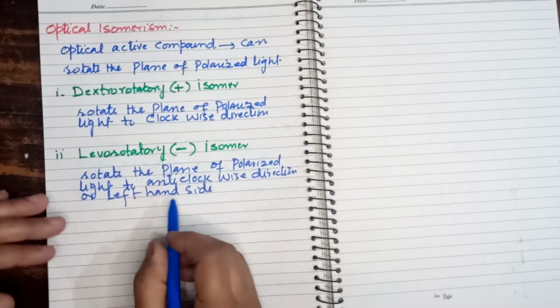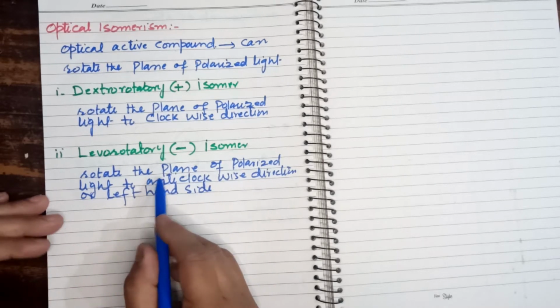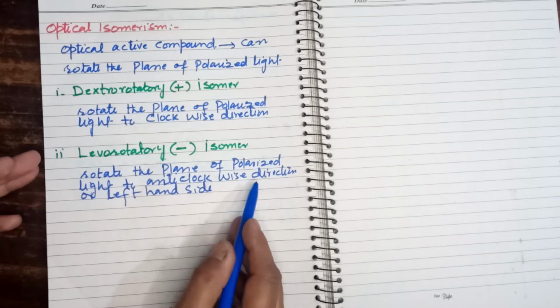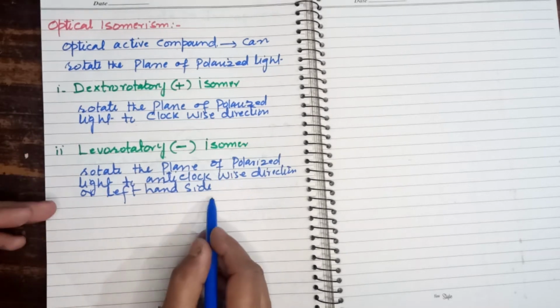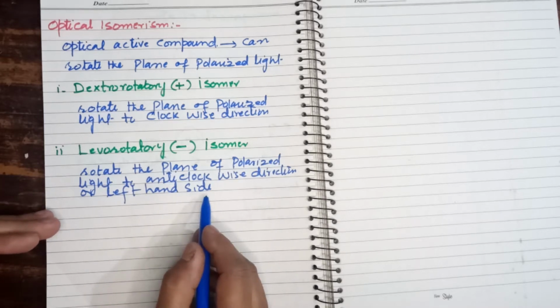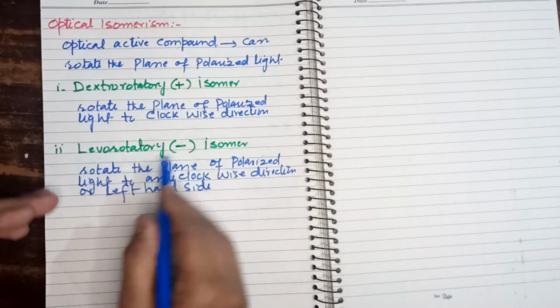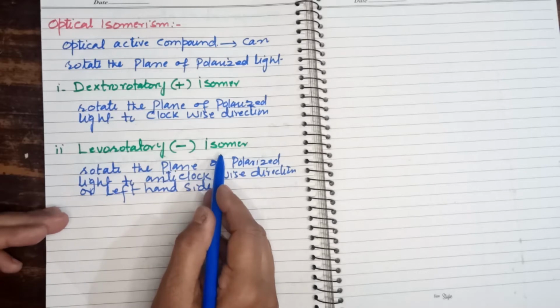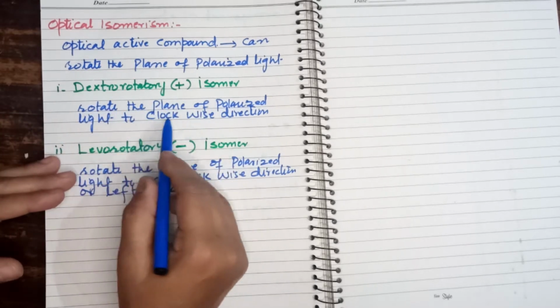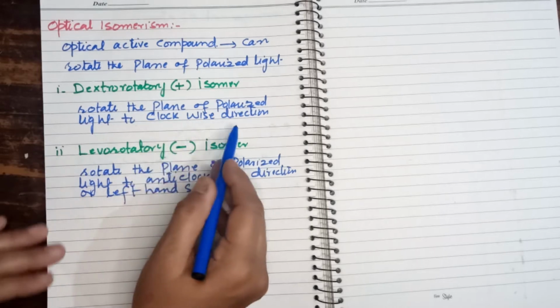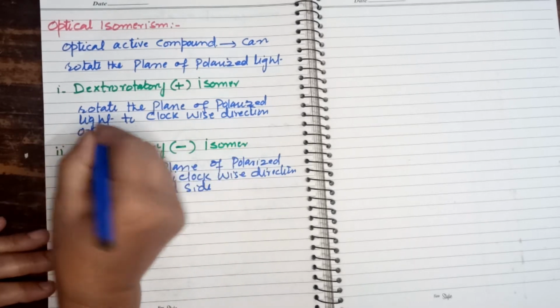Right students? So such isomers are known as Laevorotatory or minus isomers, right? While dextrorotatory or plus isomers can rotate the plane of polarized light to clockwise direction or right hand side.